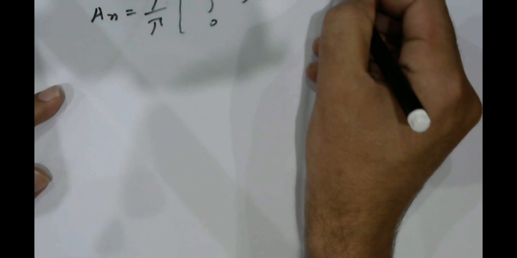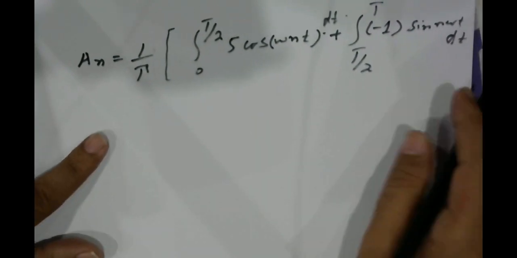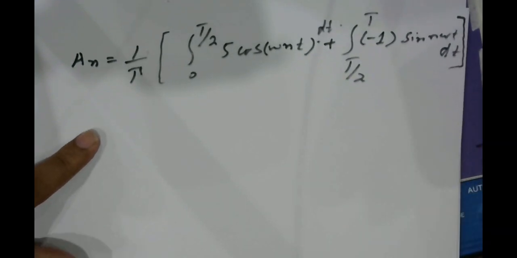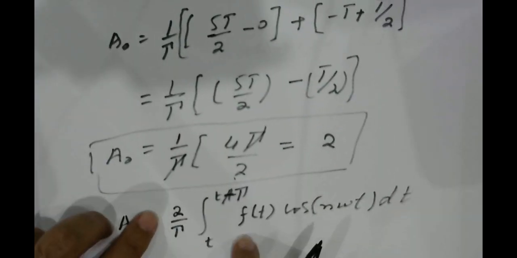Okay, then sine n omega t, and then dt. You will write dt over here as well. Okay, sorry. So this is your an. Okay, this is how you find the value of an. Actually, your function is this one. For an, your function should be this one.